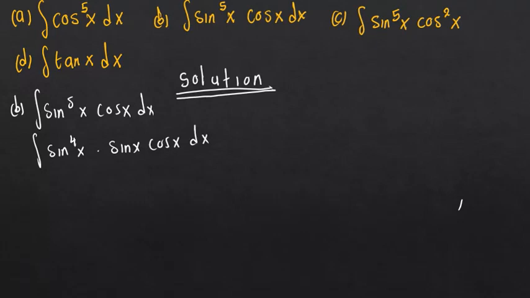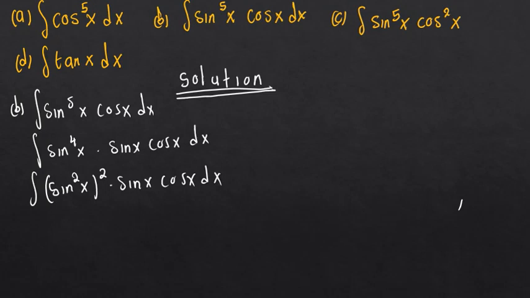Now notice that this can also be written as sine to the power 2x, everything to the power 2, then sine x cosine x dx. Now when we reach here, what then do we do? Remember the trig identity?